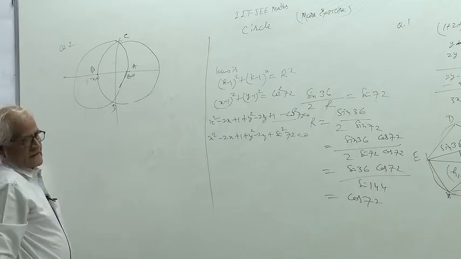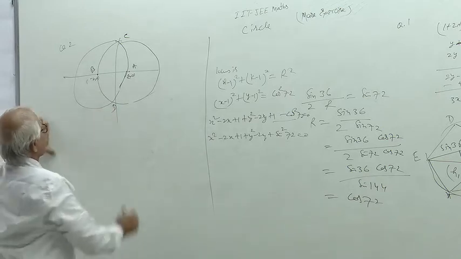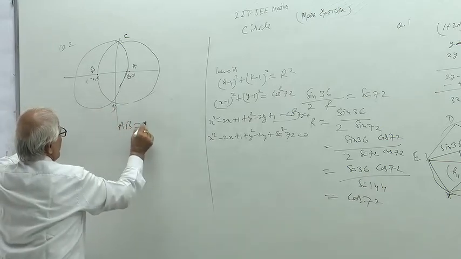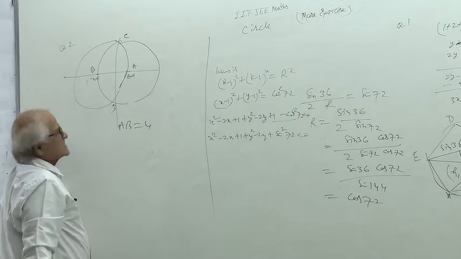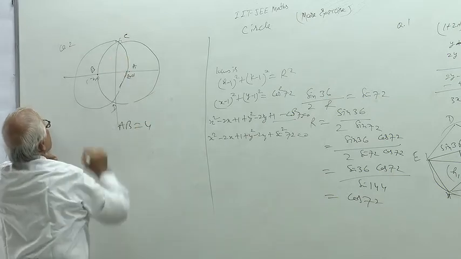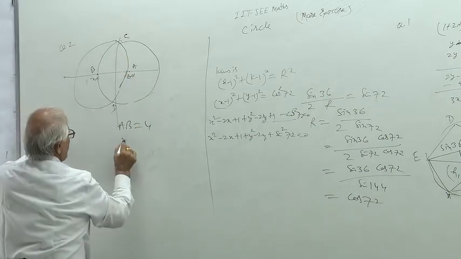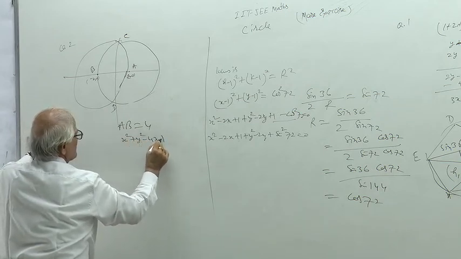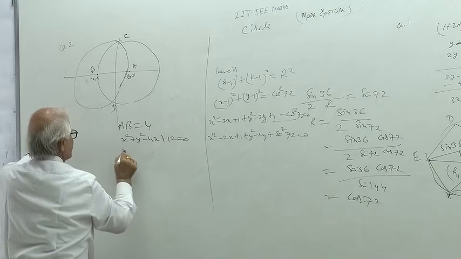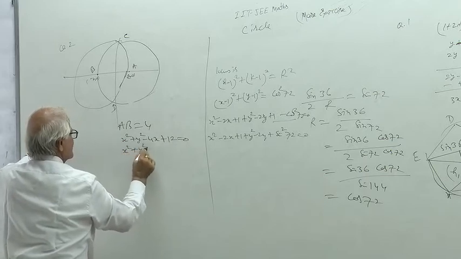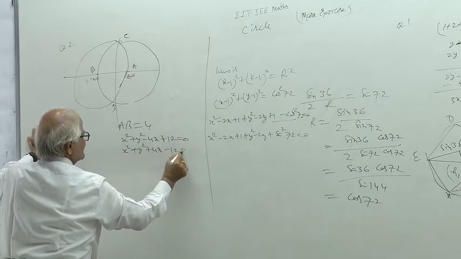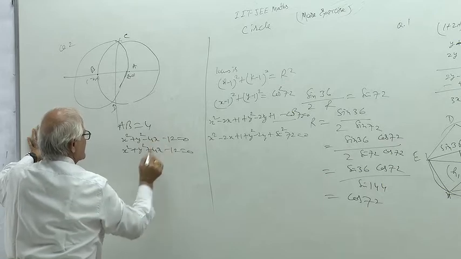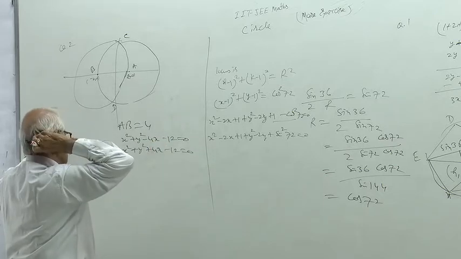This is the region. Now AB is 4 in length. Now solve them. What do we get?